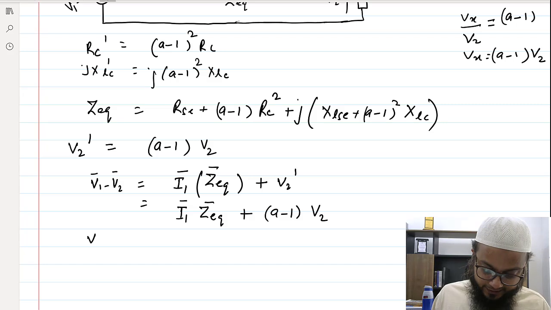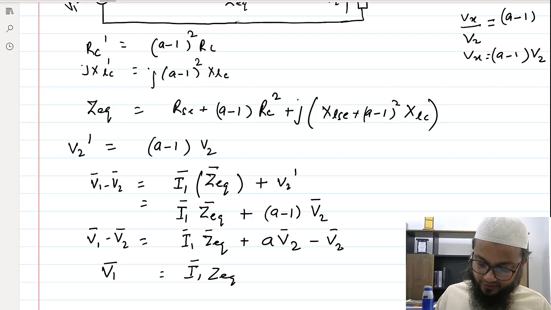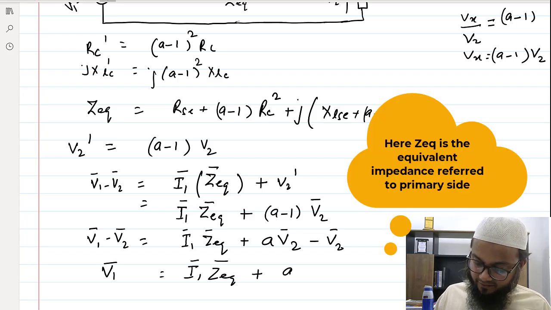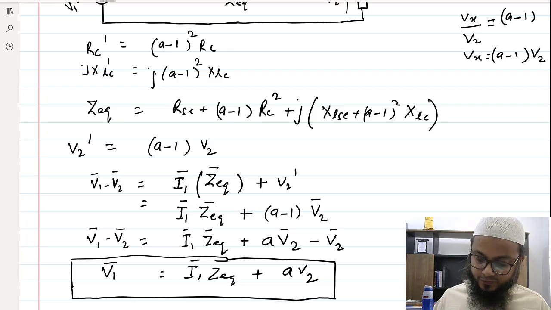So if we solve further, you'll see this is I1 Z equivalent plus A times V2 minus V2. These are all phasor quantities. So V1 is equal to I1 Z equivalent plus A V2.